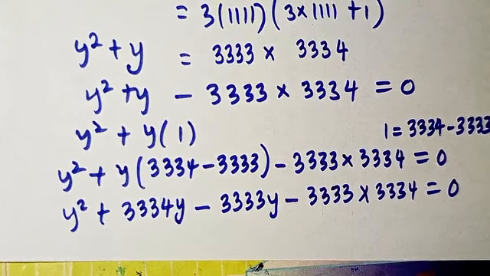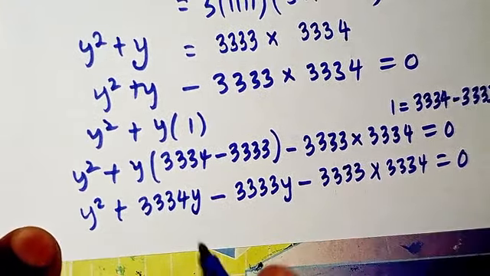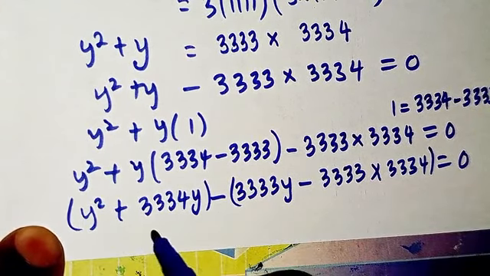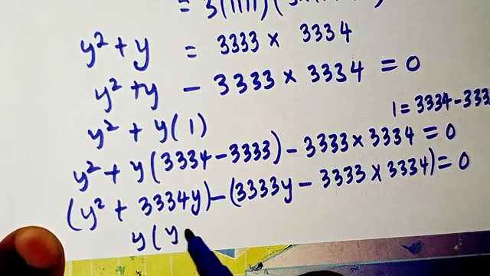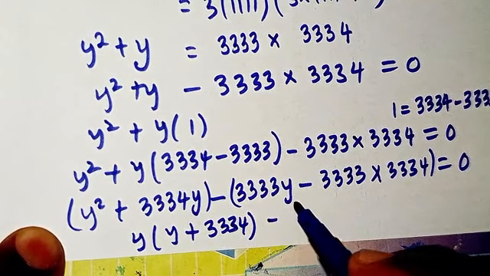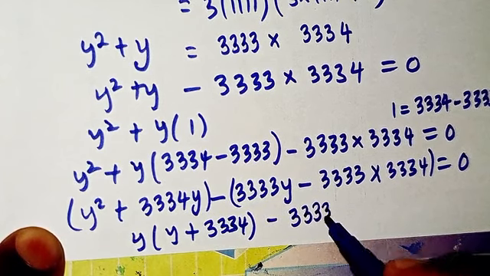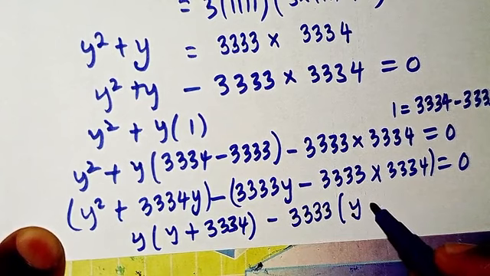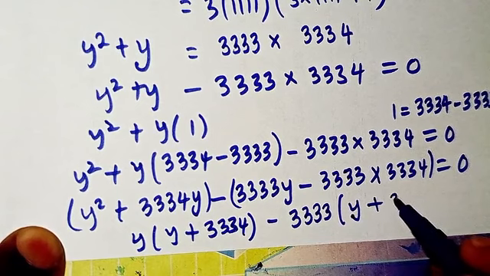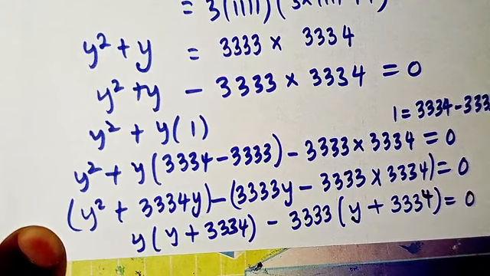So now, from there, what are we going to do? What we are going to do now is factorization. If I try to group it like this, you see that here we're going to have y into bracket y plus 3, 3, 3, 4, and here I'm going to be having minus 3, 3, 3, 3. 3, 3, 3, 3 is common, 3, 3, 3, 3 into bracket y plus 3, 3, 3, 4, then equals 0.